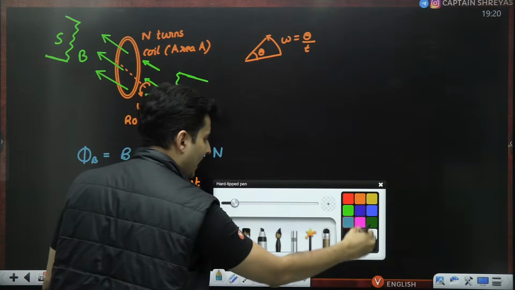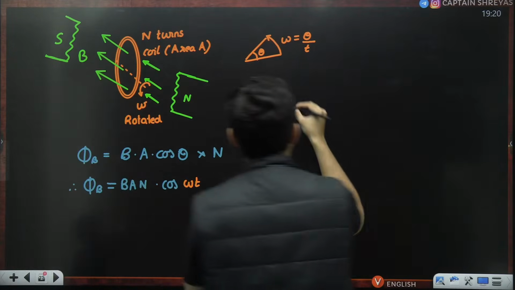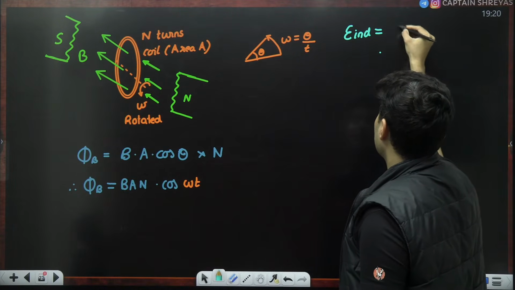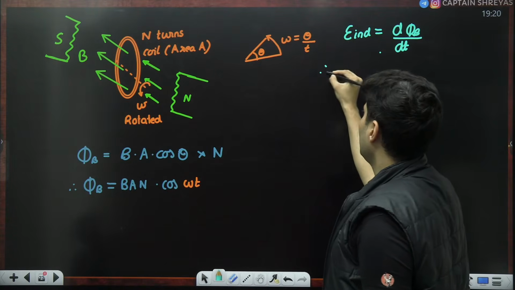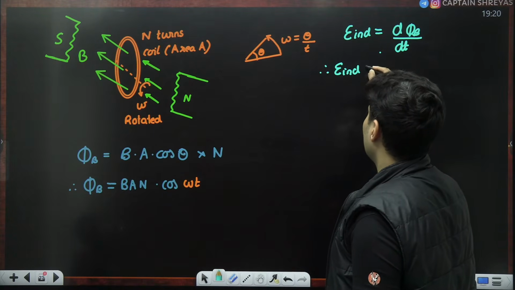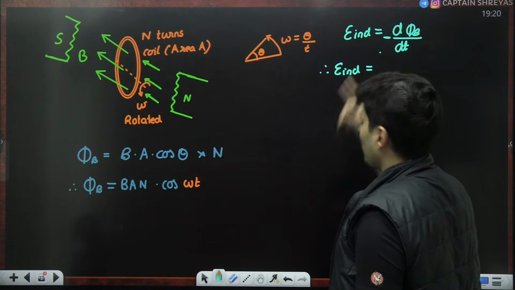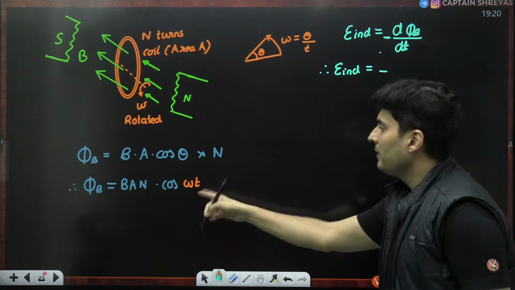So using Faraday's law, we can also find the induced EMF. Let me just put it over here. The induced EMF is nothing but the rate of change of the magnetic flux with respect to time. With the negative sign, if you take Lenz's law also, it will be minus the derivative of this.